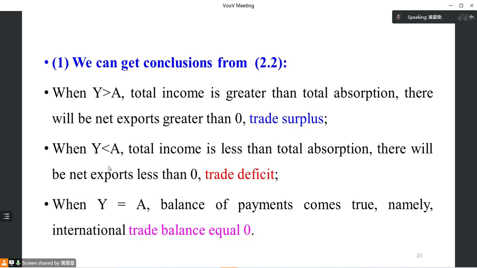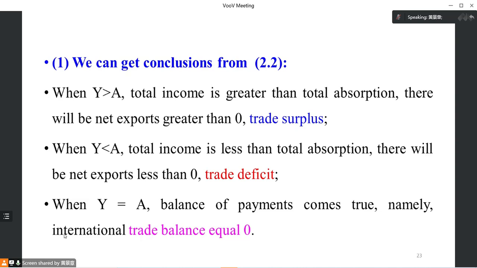When Y is less than A, total income is less than total absorption, and there will be net exports less than 0. In this status, we get a trade deficit. When Y equals A, the balance of payments comes true, namely, the international trade balance equals 0.